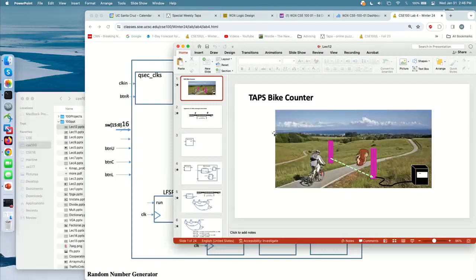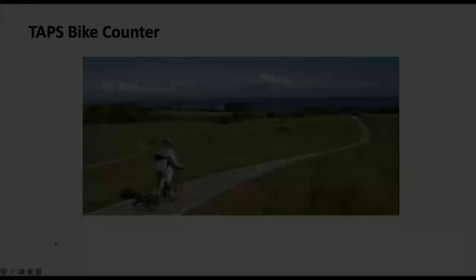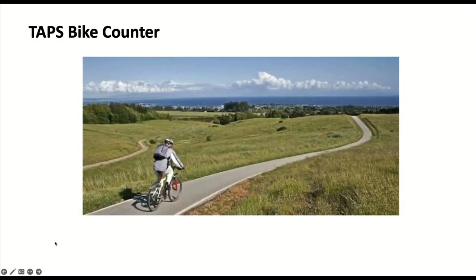So let's do an example of that type of design. Okay, so this is a small example, trying to keep things simple, of the type of design you're going to need to do in Lab 4 and then again in Lab 5. In this example, we are building a bike counter for the bike path. The idea is very simple.